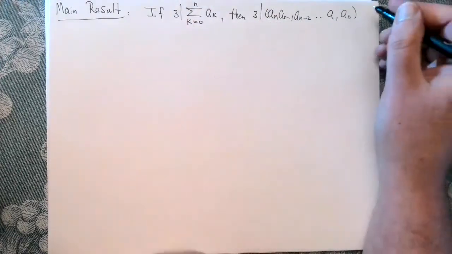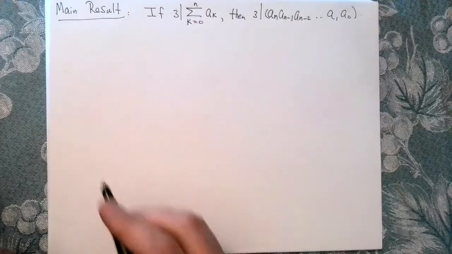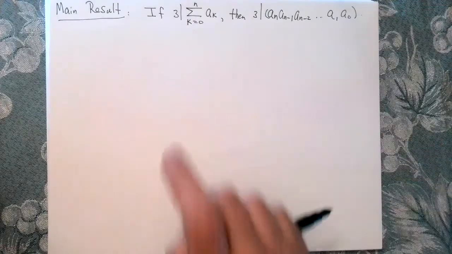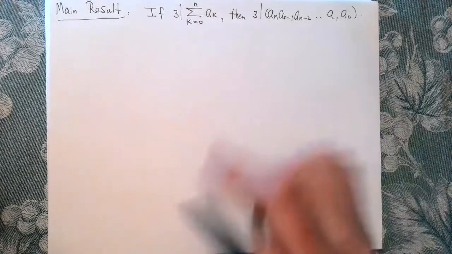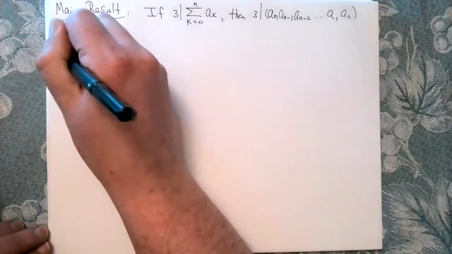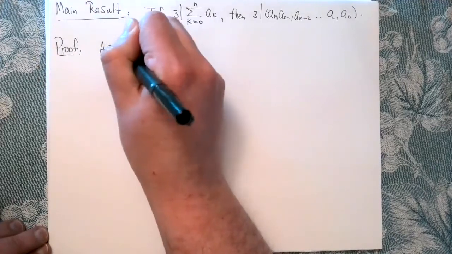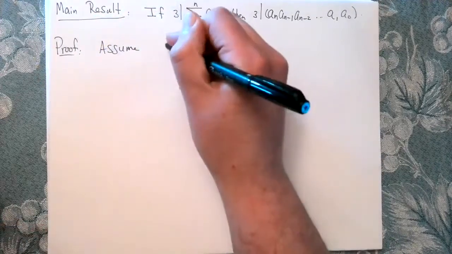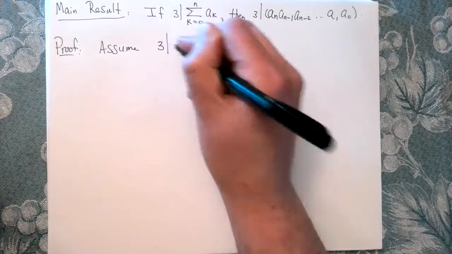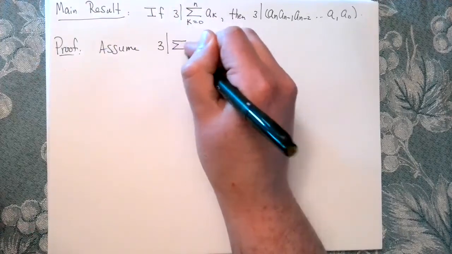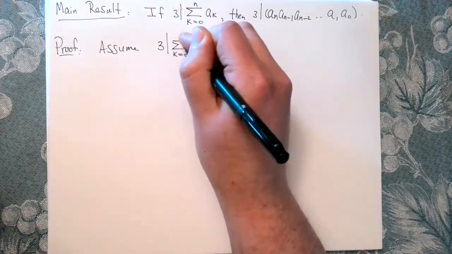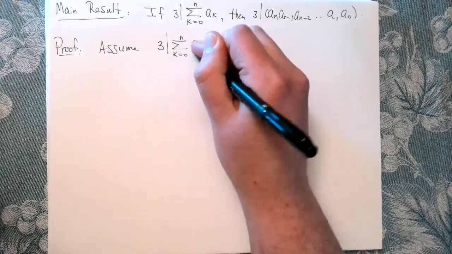Let's prove that. Okay, so we've got a conditional. Of course, we want to assume this and show this. So for our proof, let's assume that 3 divides the sum of the digits of some number.